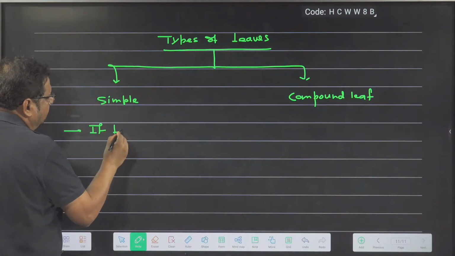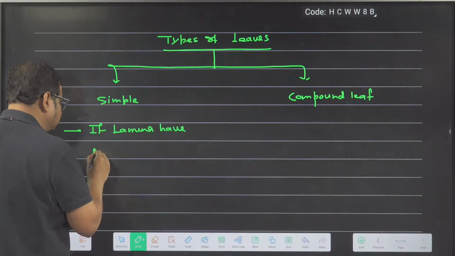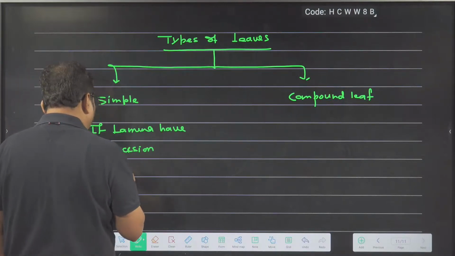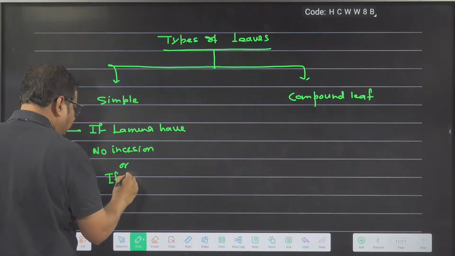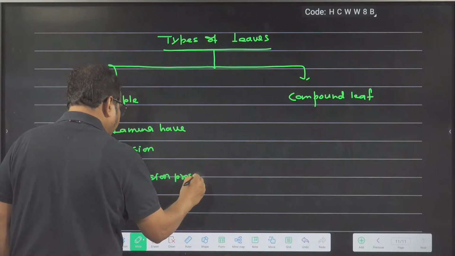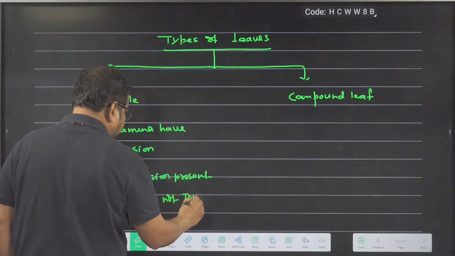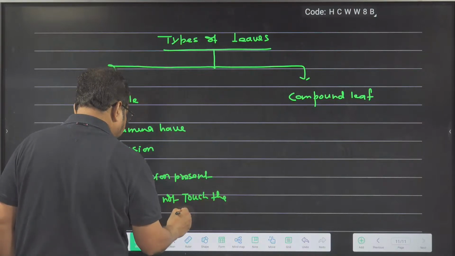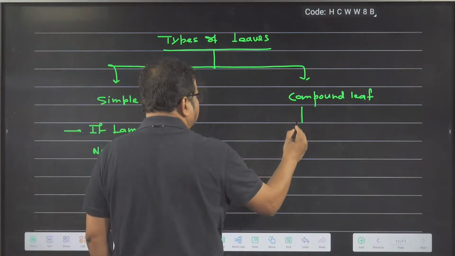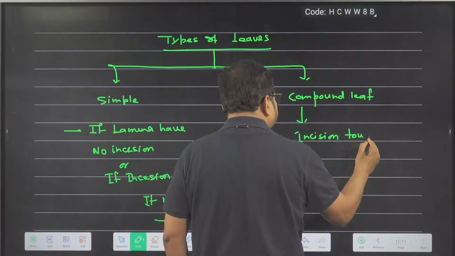If lamina has no incision, or if incision is present, it does not touch the midrib. It is called simple leaf. In compound leaf, what happens? Incision touches the midrib.